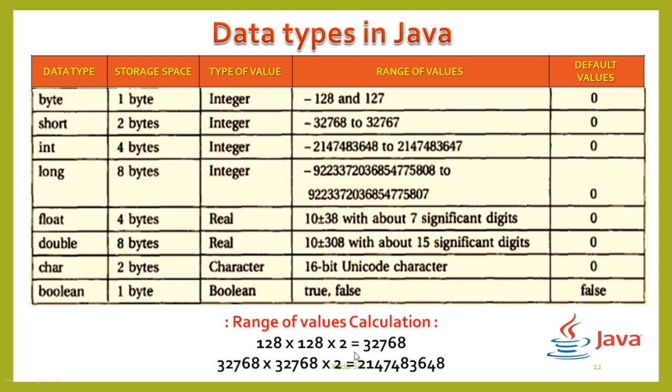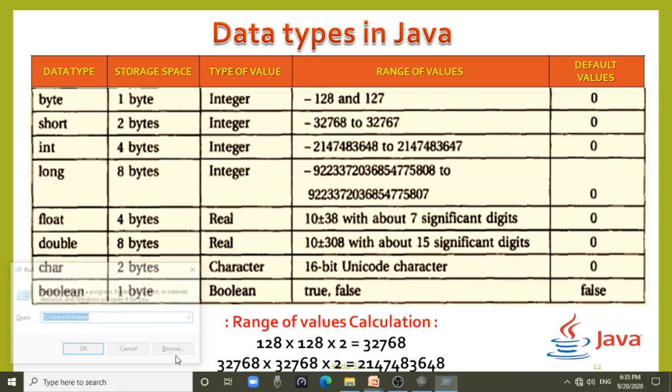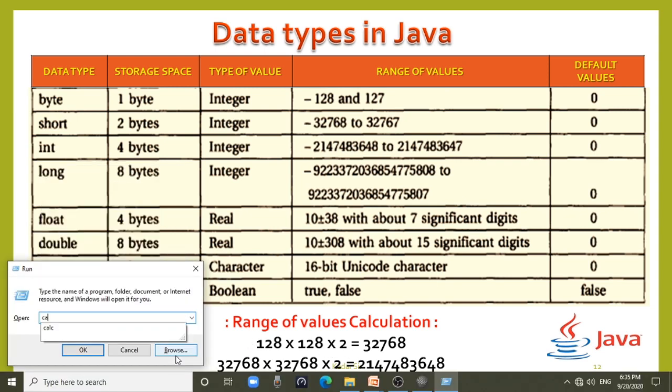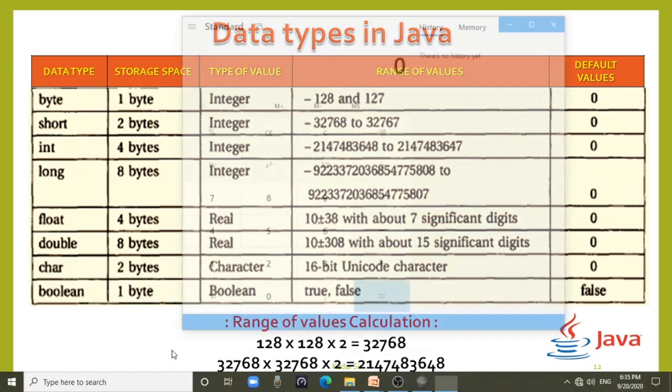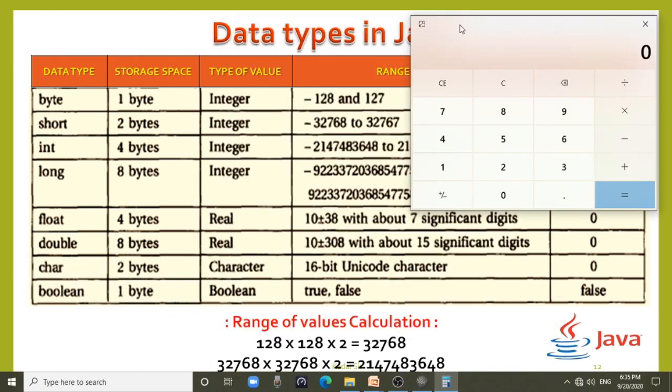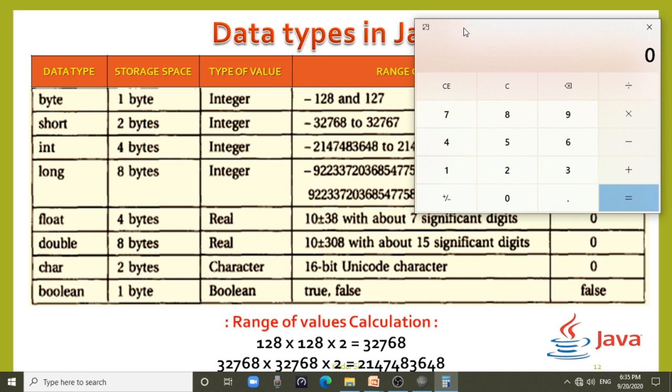The range value calculation is given, right? I will show you that. Just write calc and open the calculator. If you want to find the range of value, take 128 multiplied by 128 into 2, right?